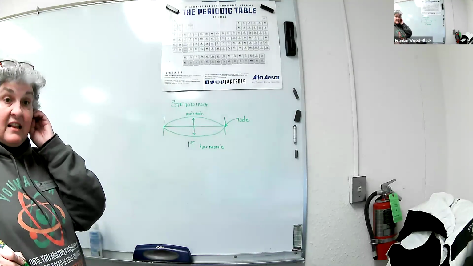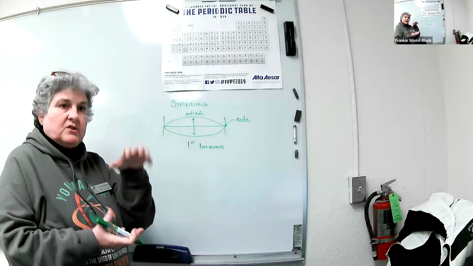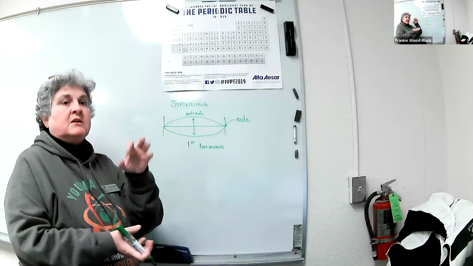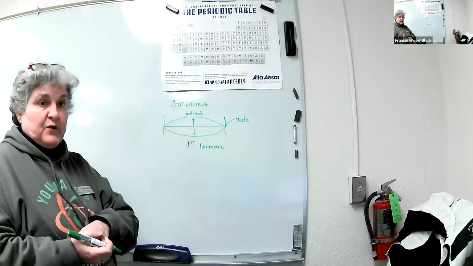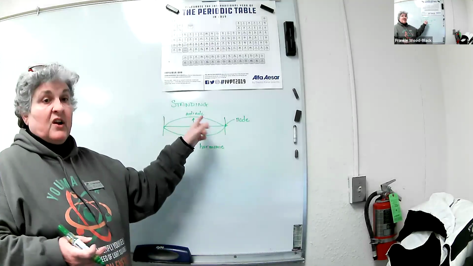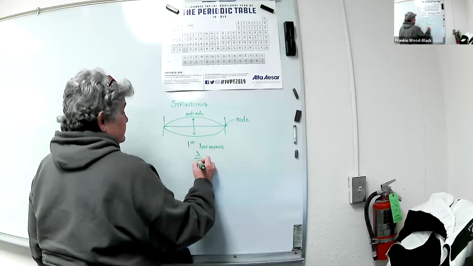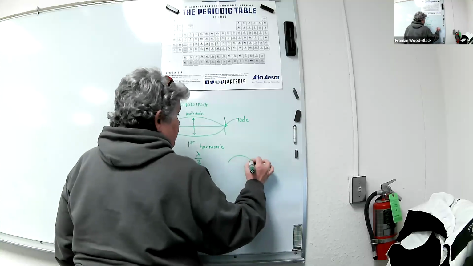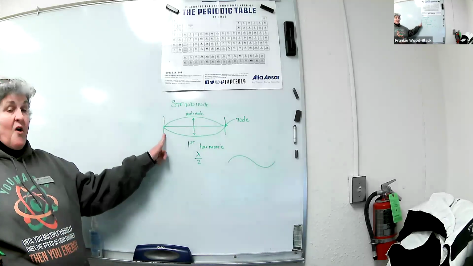Now, if you're looking at this, remember, a standing wave is a whole bunch of waves added together. So we're getting constructive interference, and we're setting up this node on both ends. This turns out to only be half a wavelength, because remember, my wave looks like that, so I'm only looking at half.